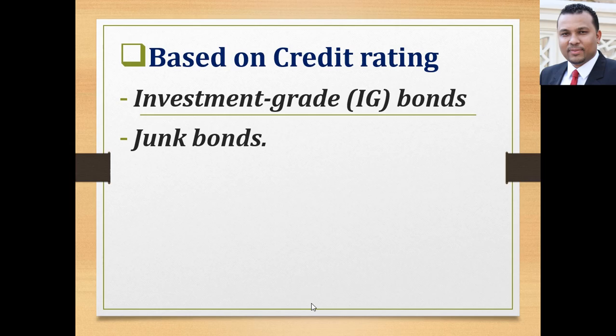Mainly triple B or higher by Standard and Poor's and Fitch, or capital B double A small 3 or higher by Moody's. The credit rating categories of triple A, double A, and A. We present the classification of credit rating in chapter number 1.